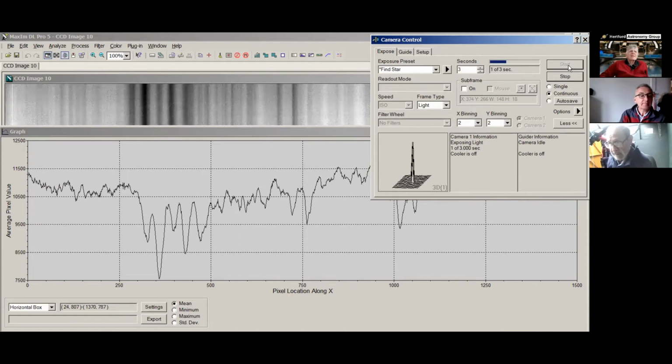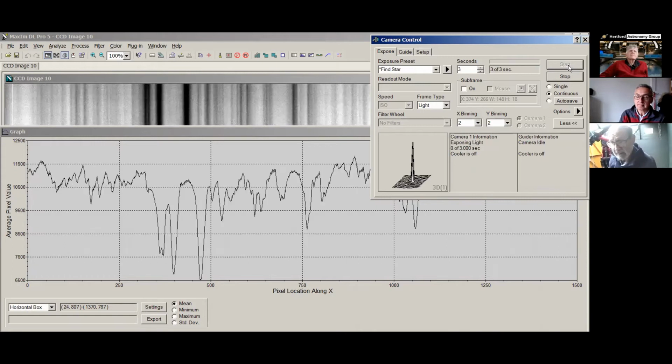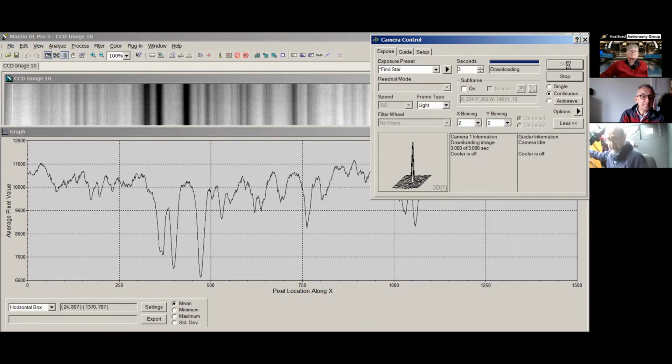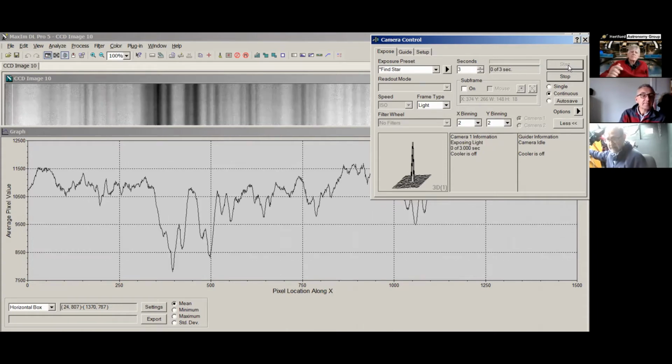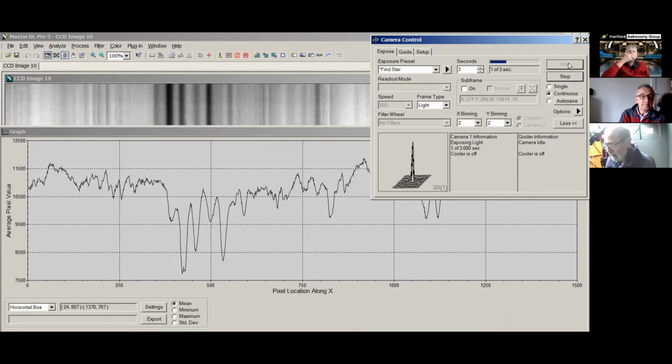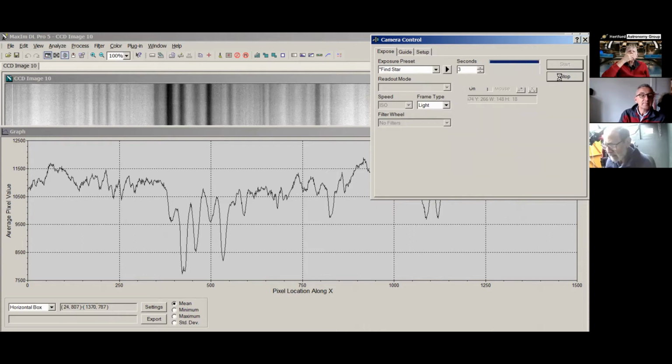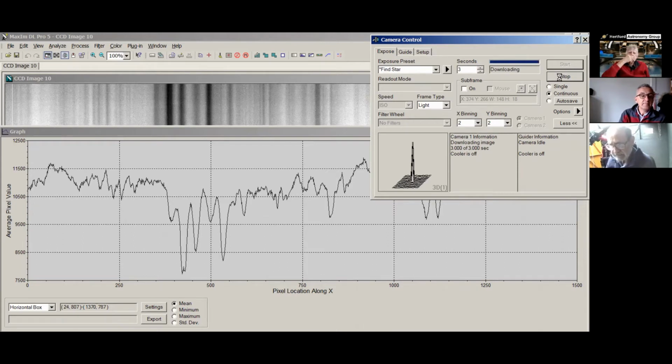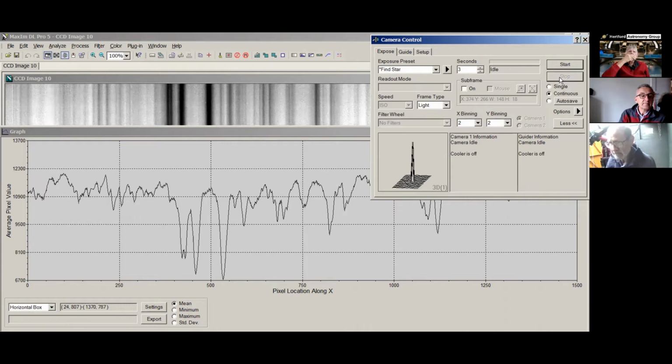Probably to do with the sensitivity of the chip in the CCD camera. It's more sensitive to certain parts of the spectra than others, but here we have it, the sodium doublet. I'll just centralize that up. I think we've got it. Let that take another image and just let that settle down. There we go. That's it.